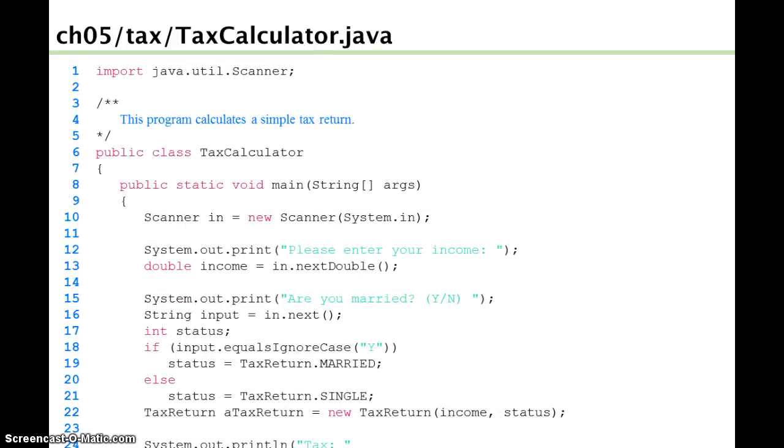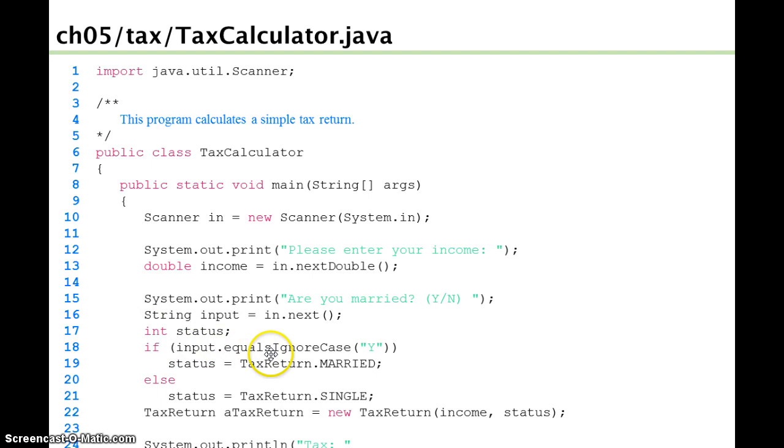So here is the tester, and again we import the Scanner class because we're reading in values from the user, and this is just a tax collector. We have our main method, we create our Scanner object, then we read in the income level and assign it to the income variable, read in are they married, read that in, assign it to a string variable, and then we declare a variable status as int type.